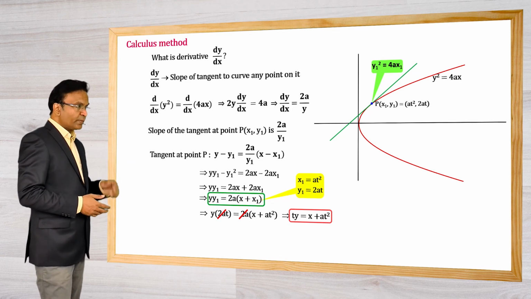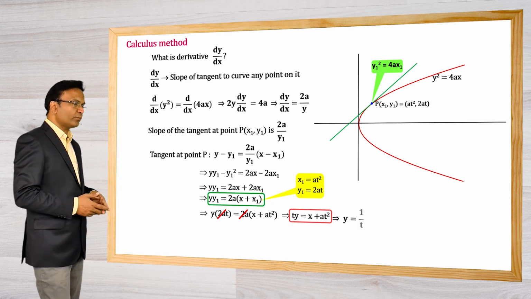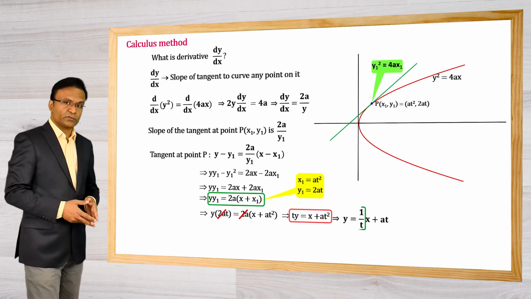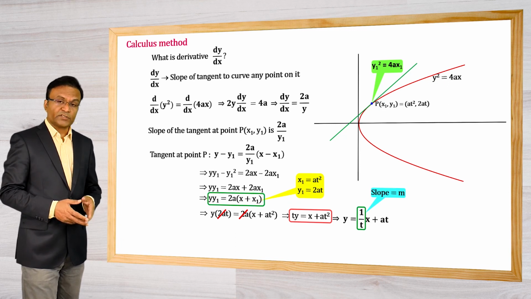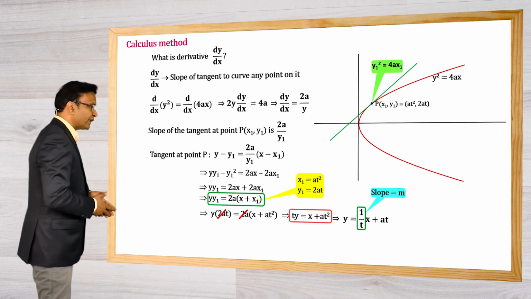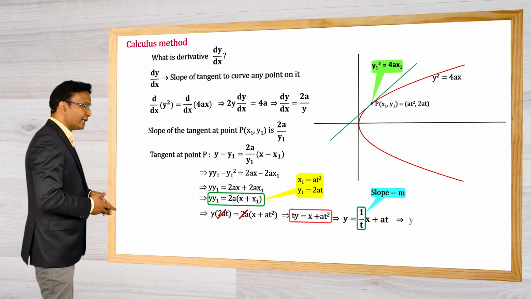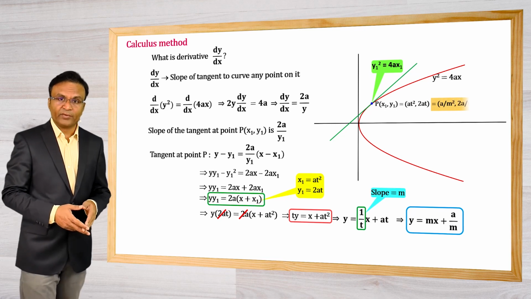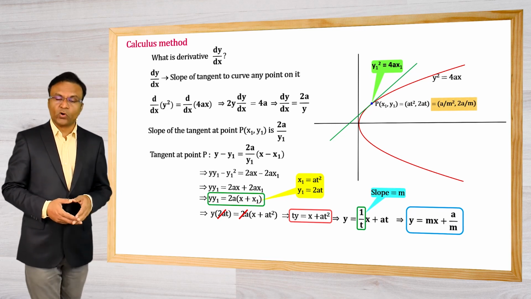So we have y is equal to 1 upon t x plus at. The slope of this tangent is 1 upon t, which is equal to m. Putting this value, we get equation of tangent as y is equal to mx plus a by m. Here m is the slope of tangent.